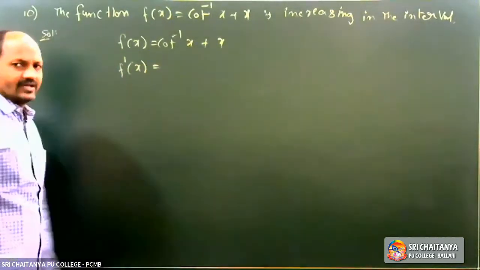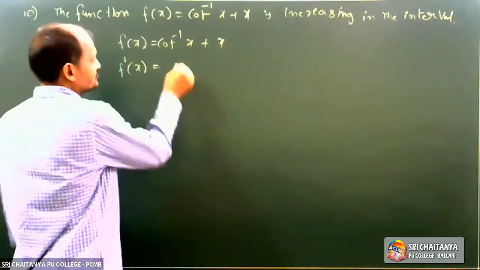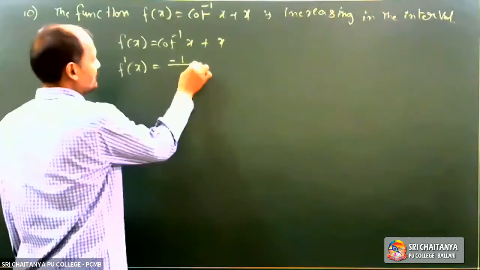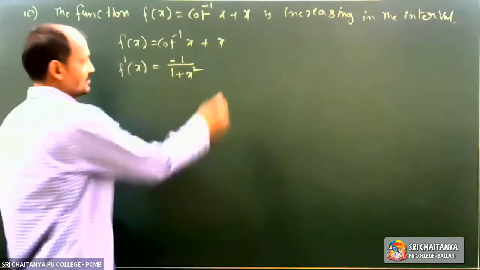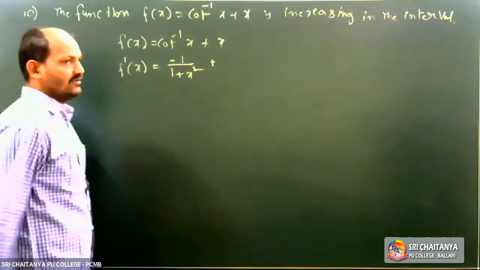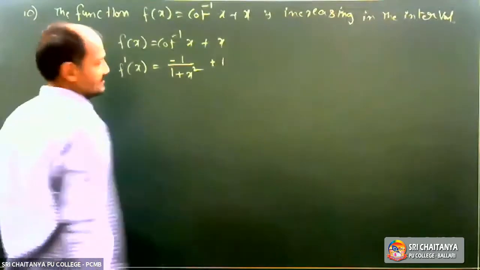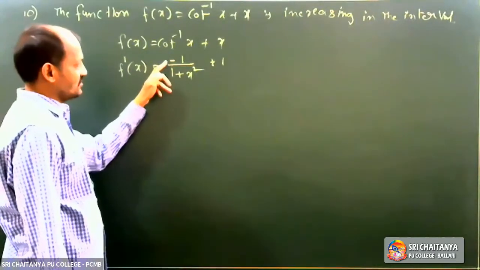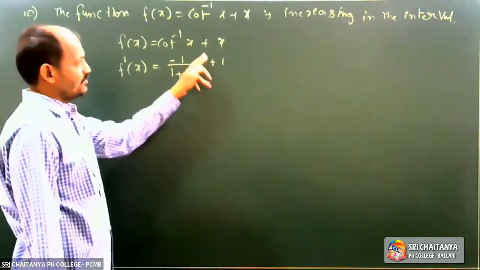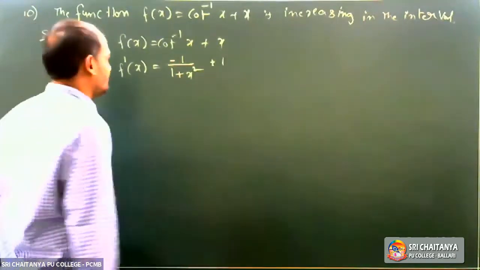what about the derivative of cot inverse of x? It is minus 1 divided by 1 plus x square, plus the derivative of x, which is 1.